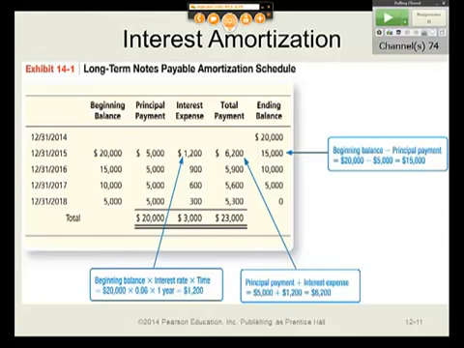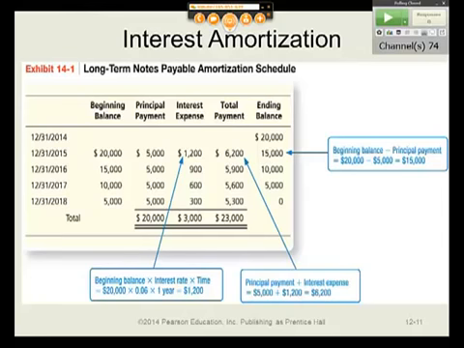Now, this amortization table, again, is relatively straightforward because the principal payment is independent of the interest. In some cases, the payment that you're making has to be split, which we'll show you, between principal and interest.